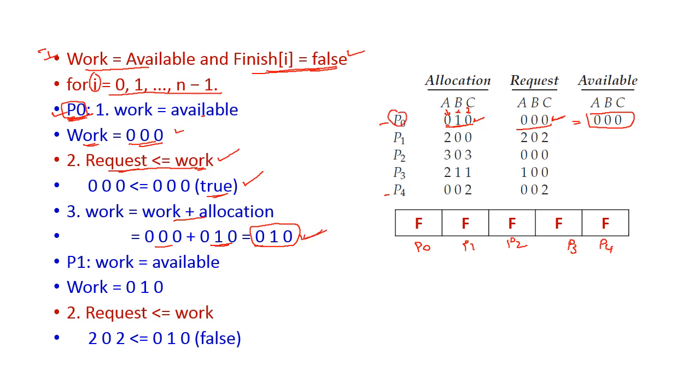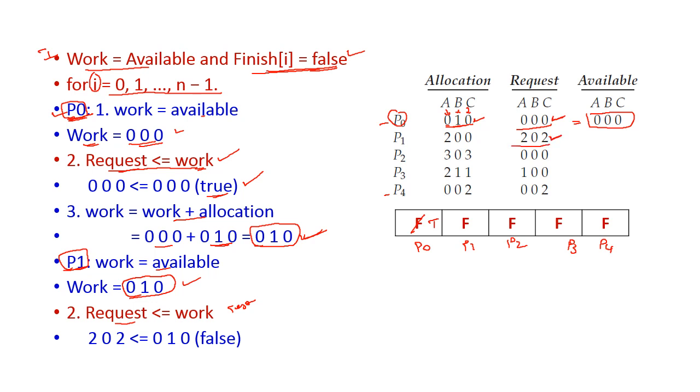First, P1 has not finished, so we mark this as finished. And now we will take this P1. Work equals available. So what is the current available resource? 0 1 0. And we need to test whether the request is less than or equal to work. What is the request of P1? 2, 0, 2, isn't it?